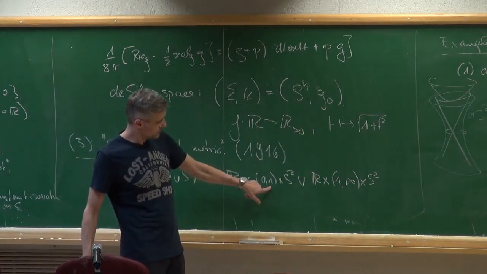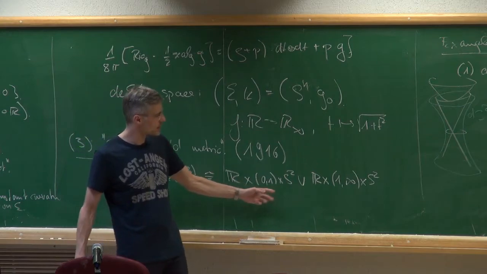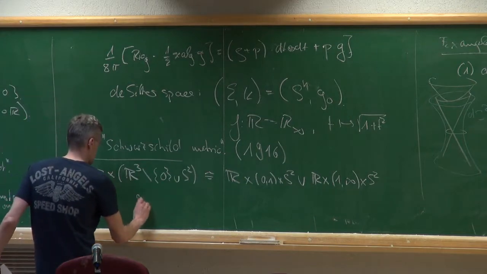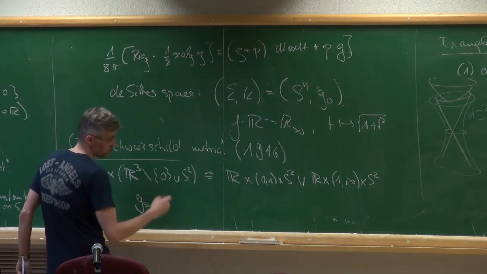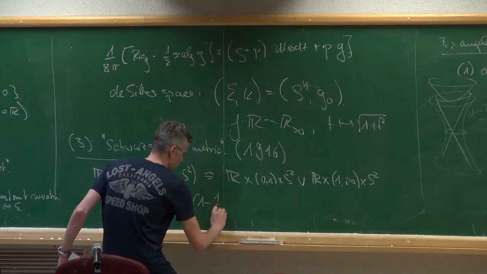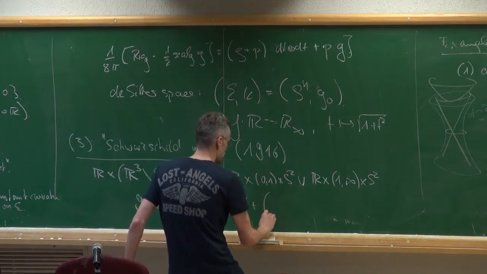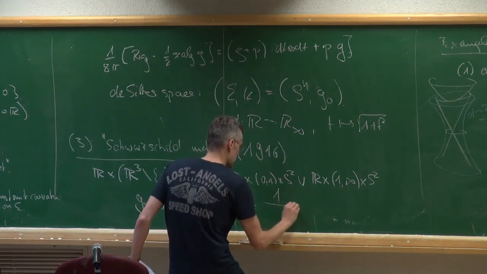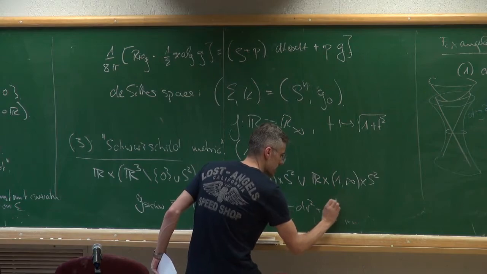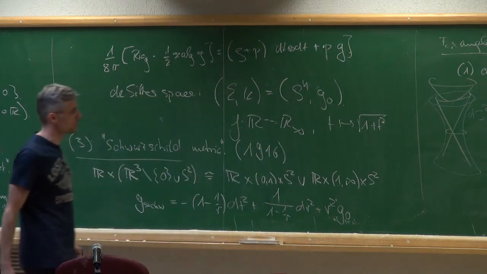So I take polar coordinates on R3, patch them up to cylindrical coordinates on R4, and in these cylindrical coordinates, the Schwarzschild solution is nothing but minus (1 minus 2m over r) dt squared, and then plus 1 over this function, dr squared plus r squared, and here you just take the usual round metric on S2.